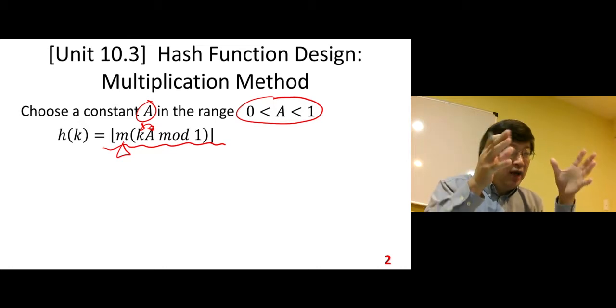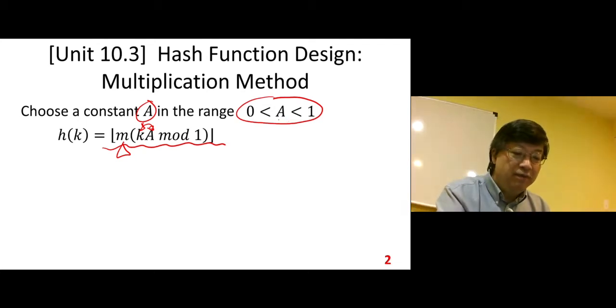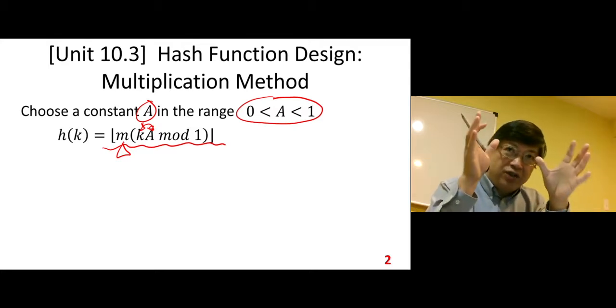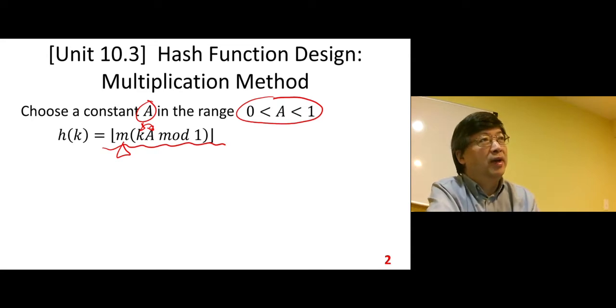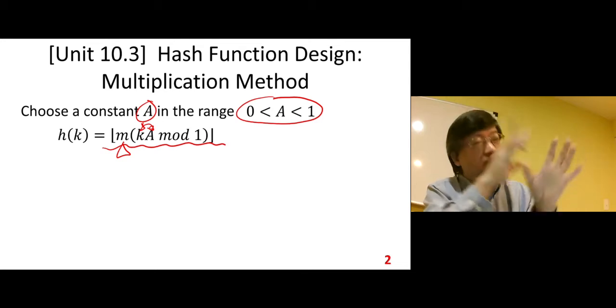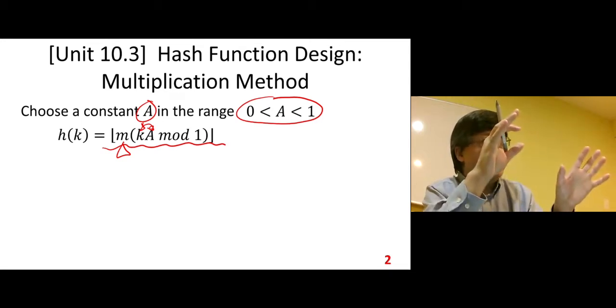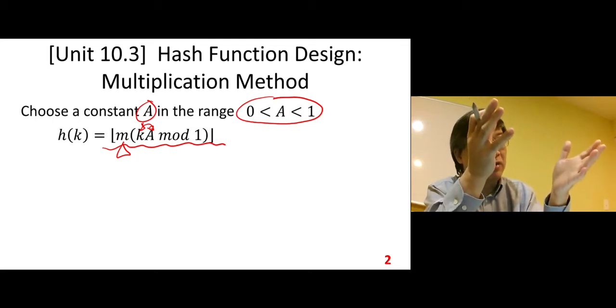The fractional part is also between 0 and 1, because it is a fraction. So you use that fraction to multiply M. M multiplied by a fraction, so you get a number, usually not an integer, an integer with its own fractional part.